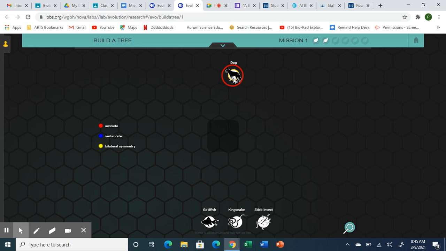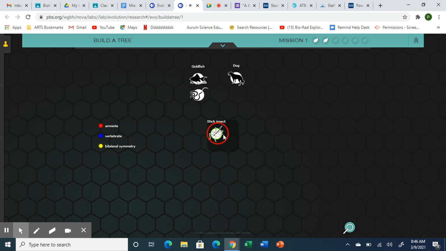So we need to build a tree. I would say the dog is at the top of the tree, and then goldfish next to it, king snake, who knows, and I want the stick. King snake branched off, or would the fish be first?